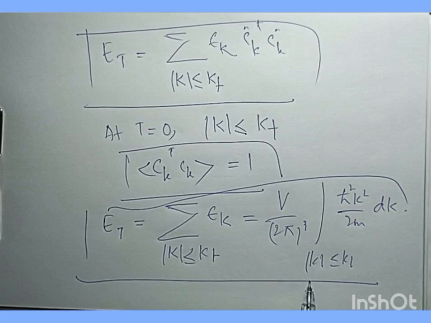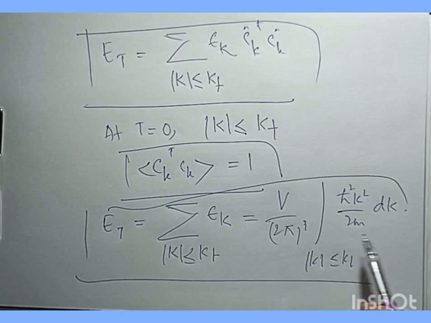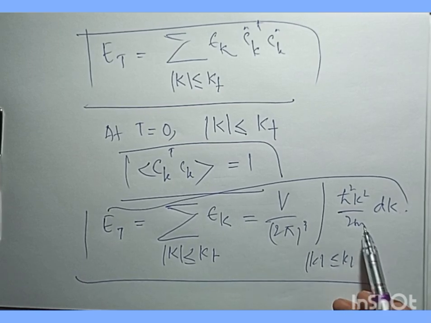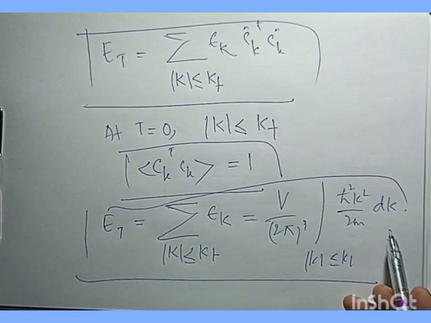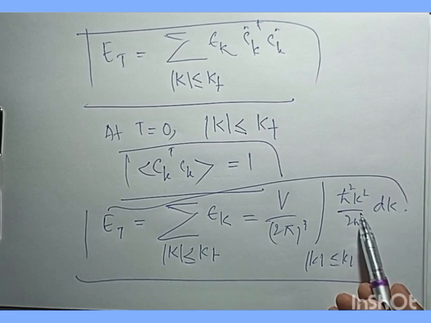In spherical coordinates, again we will go for the same kind of procedure, and we will have 4 pi k square dk here, so we will have k to the power of 4 here.